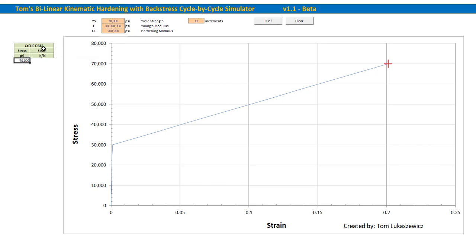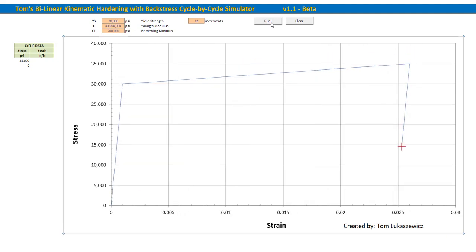or surprising here. So why don't we run it to 35 KSI and then release the load, and let's see what happens. I think everyone should understand and would expect this behavior.